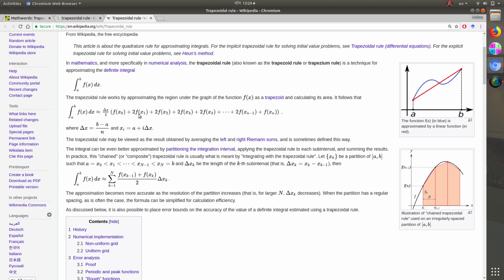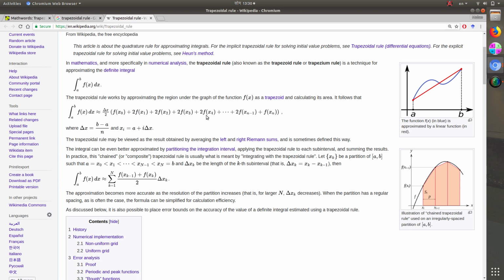So x1 equals a plus 1 times x, x2 equals a plus 2x, x3 equals a plus 3x, etc. The sum is done from i equals 1 to n minus 1 and multiplied by 2. In the Fortran code I will differentiate this: f of x0, f of xn, and then the rest as the sum.